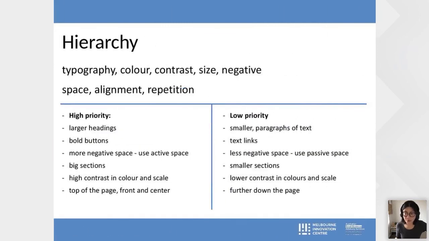Okay, just to summarize everything before we close up, and we've got a few minutes for questions at the end, which is good, is hierarchy. So we want to look at typography, color, contrast, size, negative spacing, alignment, repetition when it comes to hierarchy. So keep that in mind. Move through your site and do an audit of your own site.